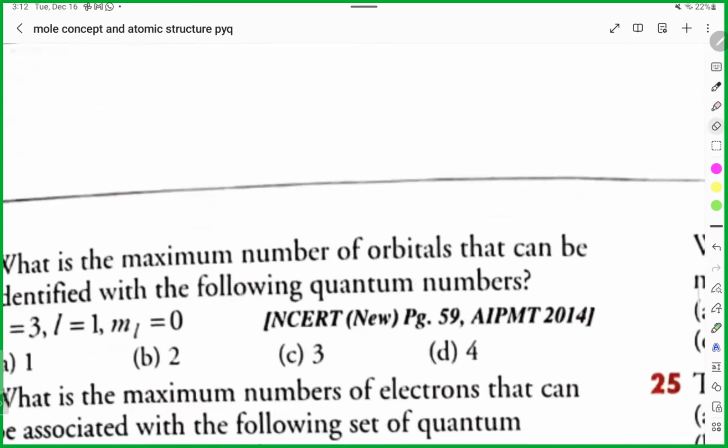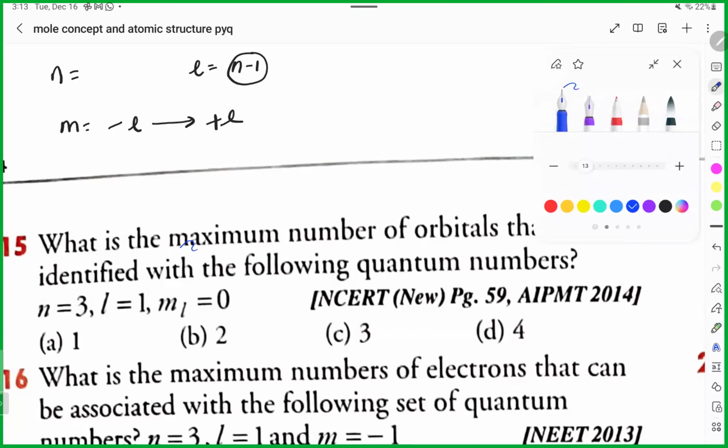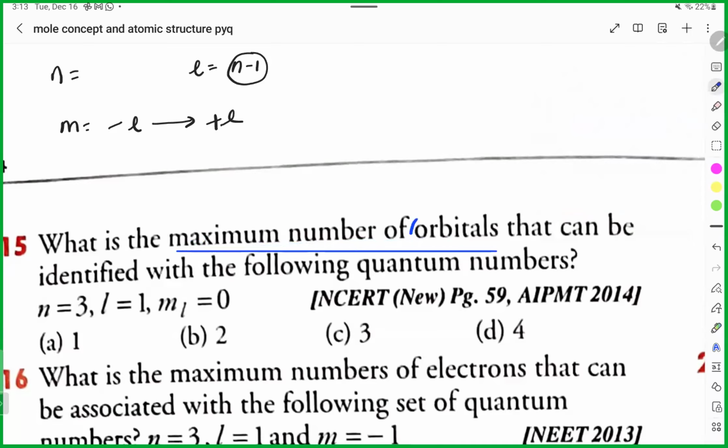This kind of question. Remember, whatever is the n value, L value maximum could be n minus 1, and m value could be from minus L to plus L. Barinder, here, maximum number of orbitals that can be identified with this: n value 3, L value 1, p, and in this L value is 0.